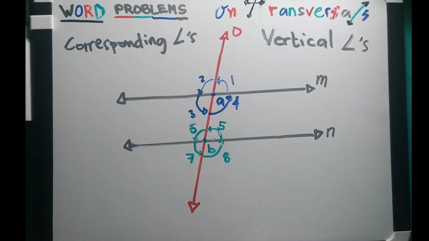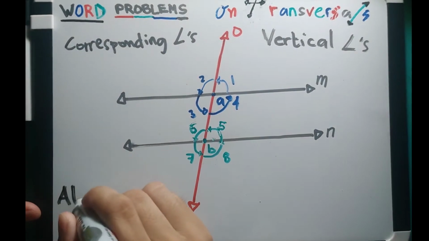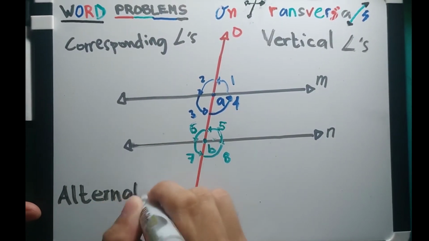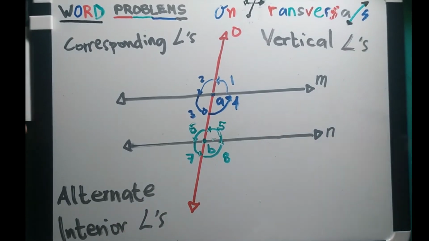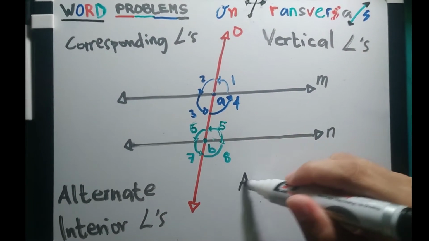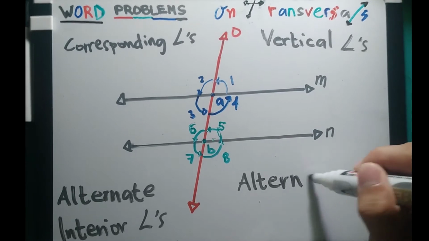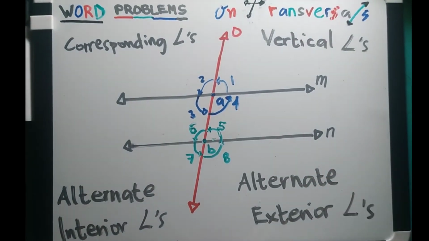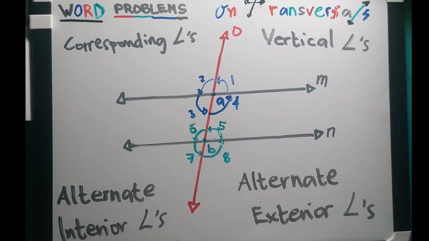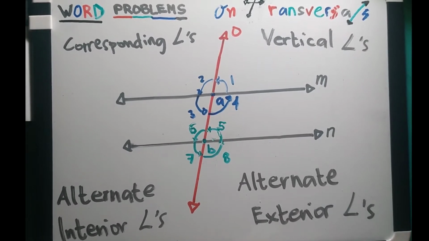Third, we have the alternate interior angles. And lastly, we have the alternate exterior angles. The corresponding angles are angles found on the same position or the same location on each point.